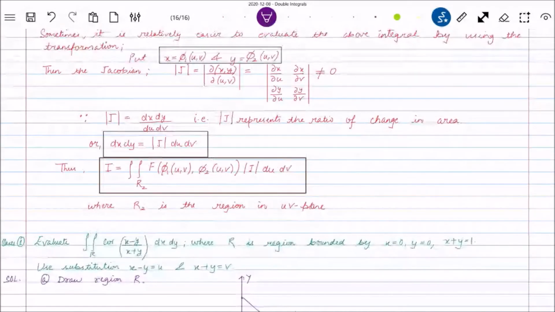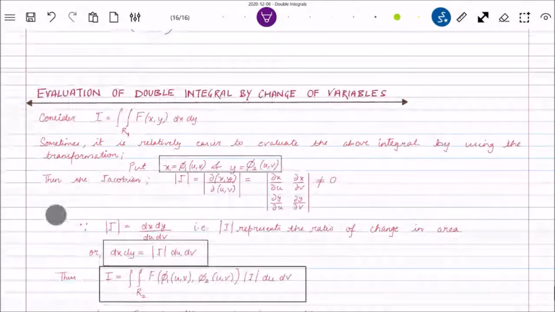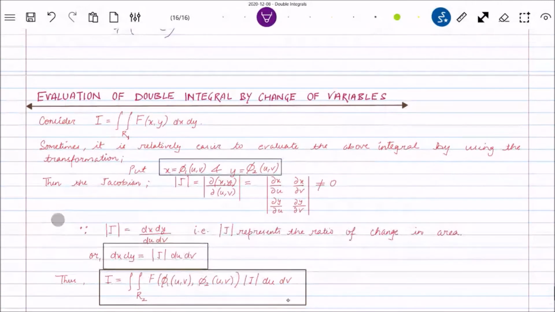An important point, please note, I will write it here: this mod J, the determinant of J, is taken positive. Actually, this is very important, I forgot to mention it here. It's a positive quantity. So if this number is negative, then you are going to avoid that negative sign.